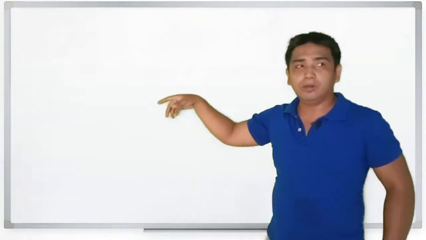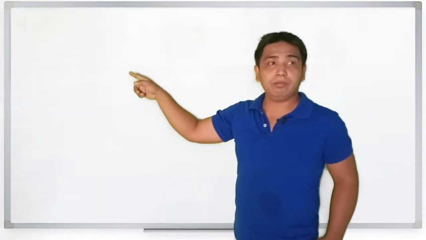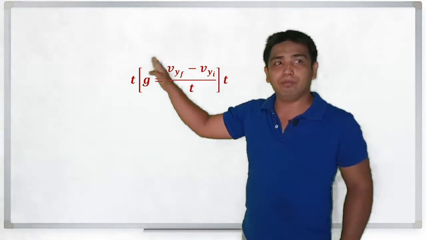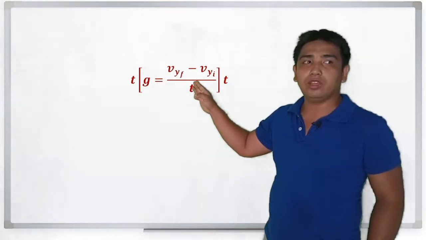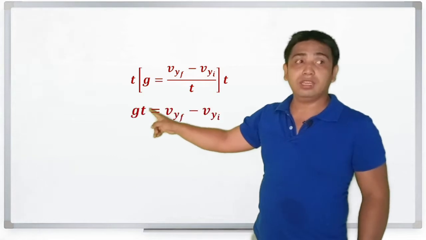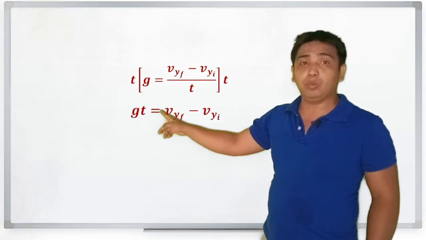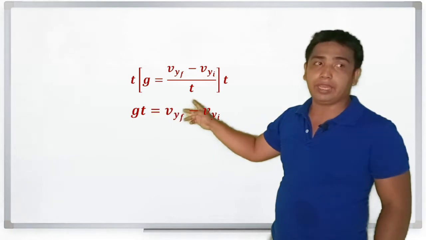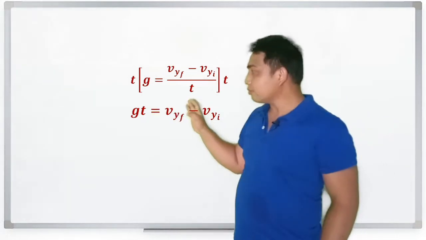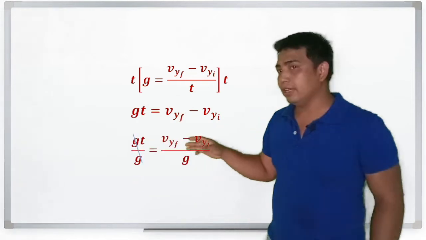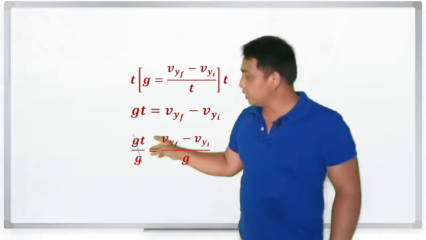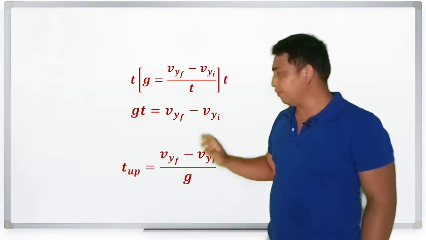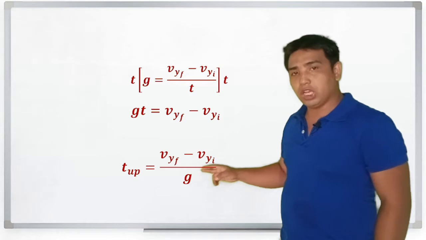We solve for the time by cross multiplying, and you get g t equals v_yf, the final velocity in the y direction, minus v_yi. Then divide both sides by g, so the time to get up is equal to v_yf minus v_yi over g.